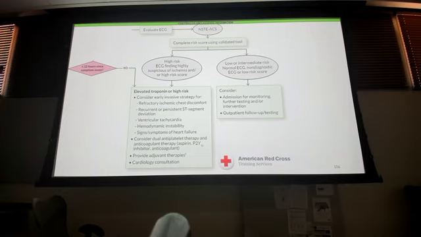If they're not having an ST elevation MI, and they're having one of the non-ST elevation acute coronary syndromes, you have to do that risk assessment to kind of validate and see which category they fall into. Because if they're low or intermediate risk, you may be able to discharge them to home without patient follow-up. Probably want to get cardiology on board just to make sure that that's the appropriate thing.